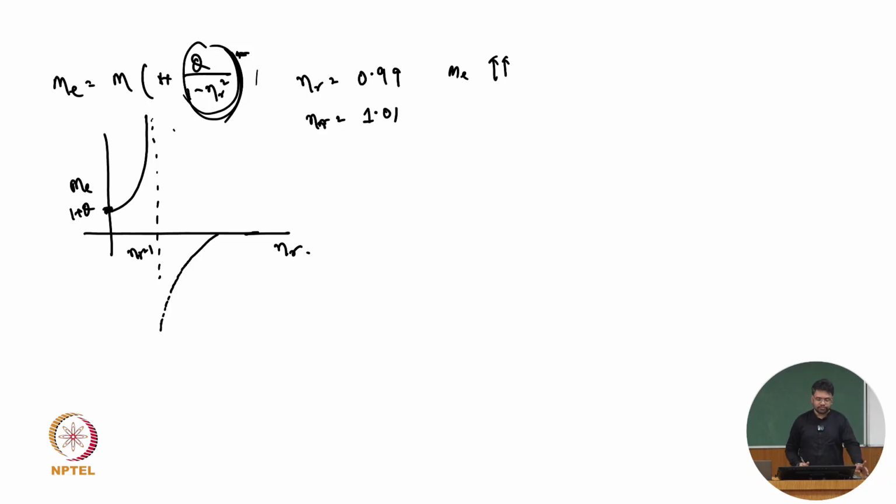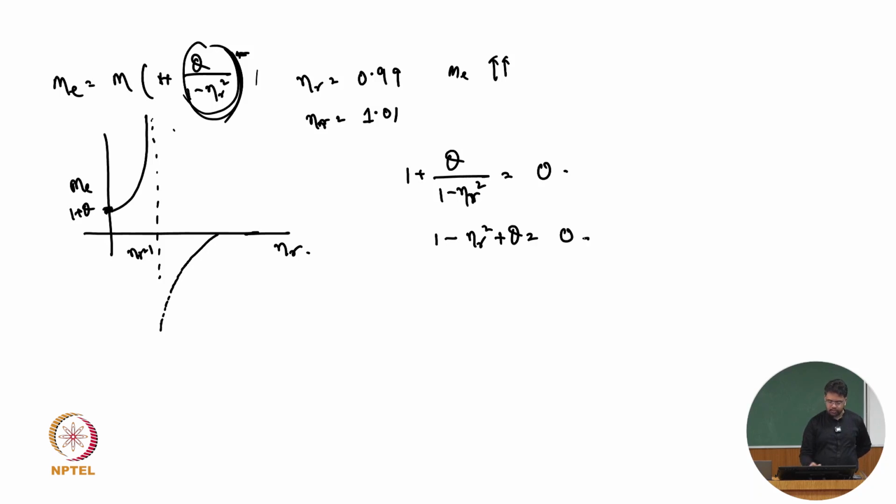Now you can see there is a particular point where 1 minus eta r square plus theta is equal to 0.